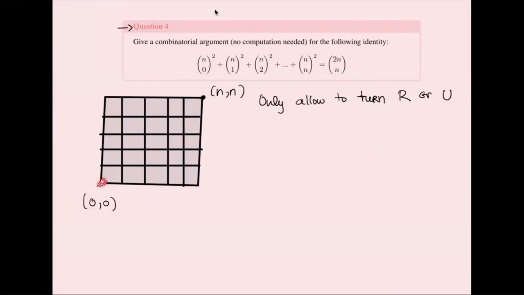Like from here, you cannot directly jump to here. You have to go either to the right or upward. And we are interested in how many ways there are to travel from 0, 0 to the point (N, N), if you are only allowed to go right or go up in each step.